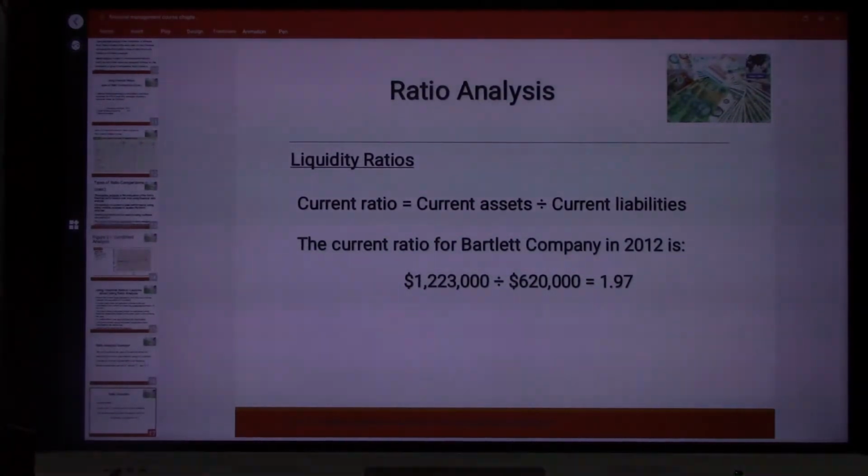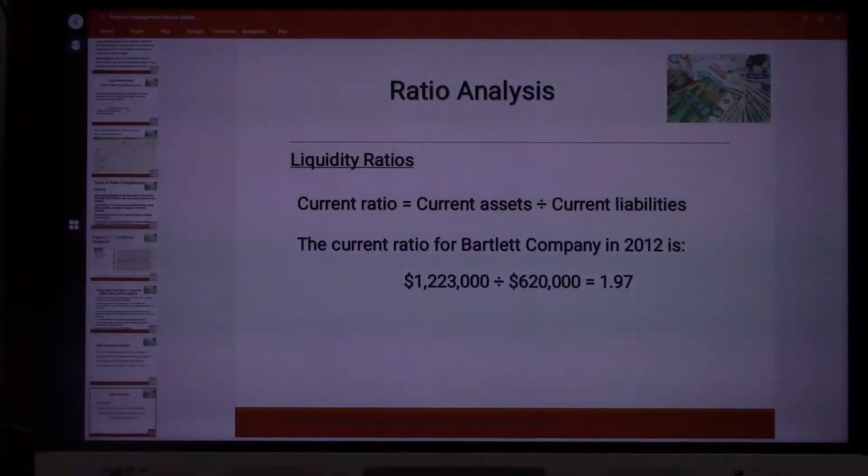The third dimension is concerned with the debt level in the organization, or what we call long-term liquidity or leverage. The fourth dimension is mainly concerned with the profitability position of a specific firm. And finally, the fifth dimension is concerned with marketability. How is the market situation of our firm?